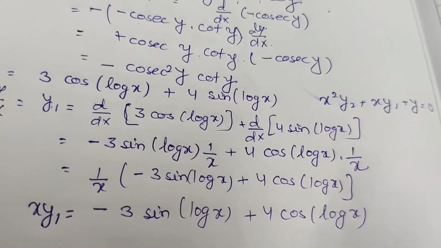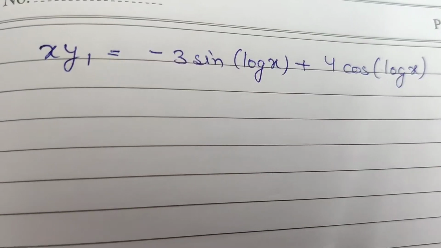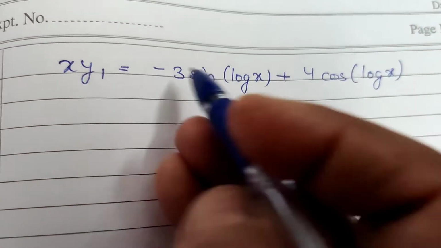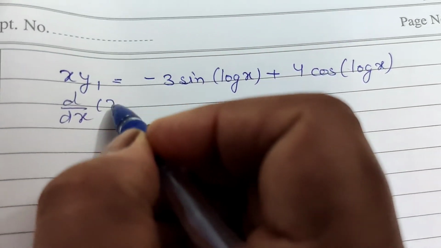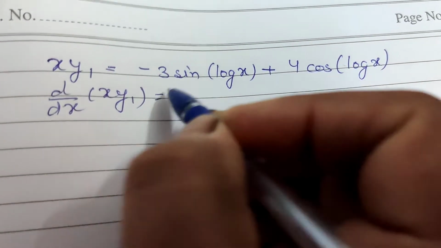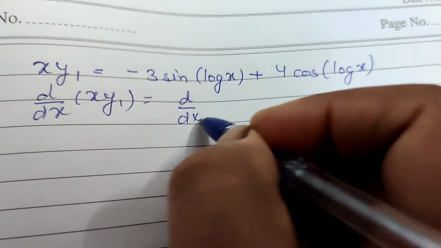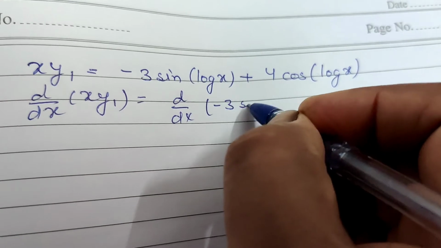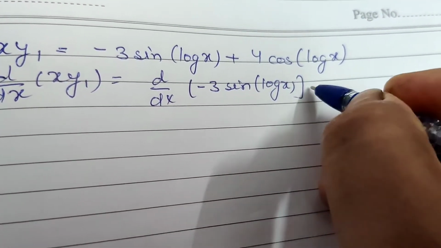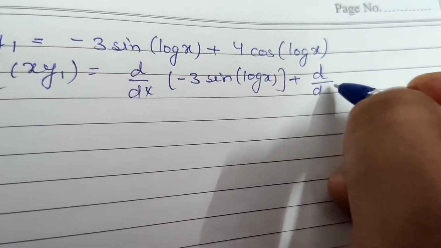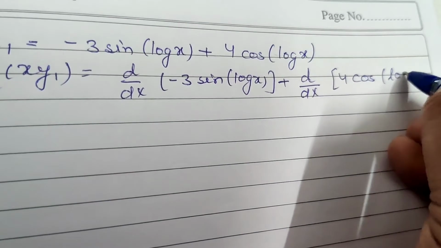Now second differentiation. x y1 equals this. Now differentiate x y1: d over dx of minus 3 sin log x plus d over dx of 4 cos log x.